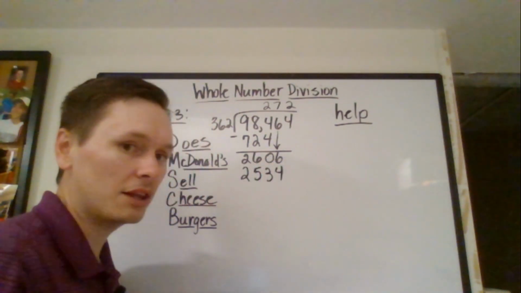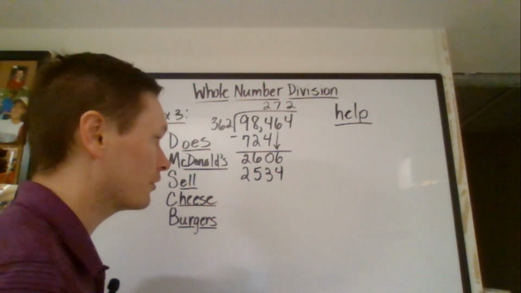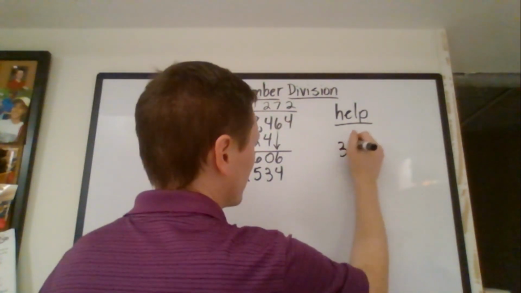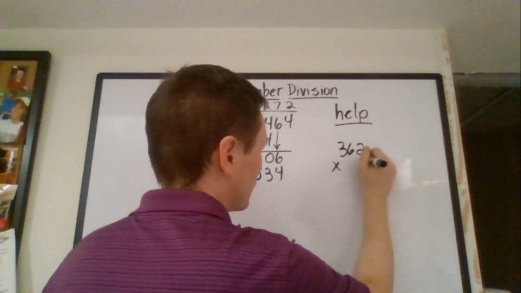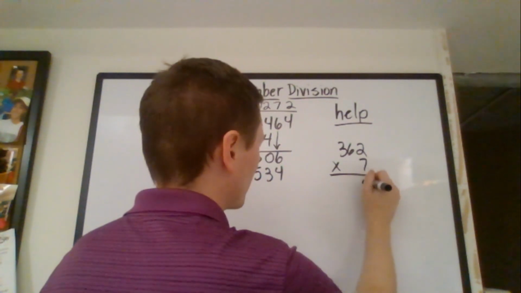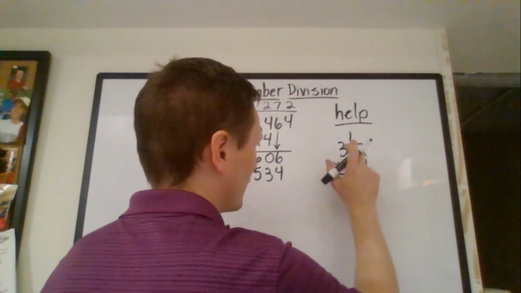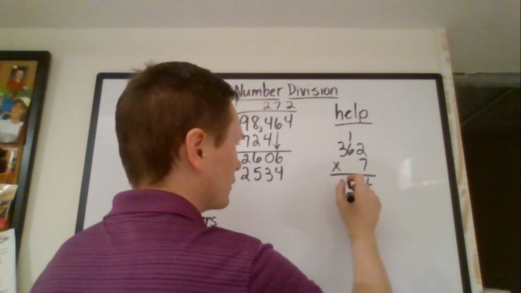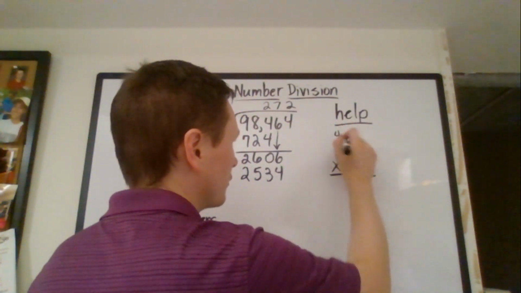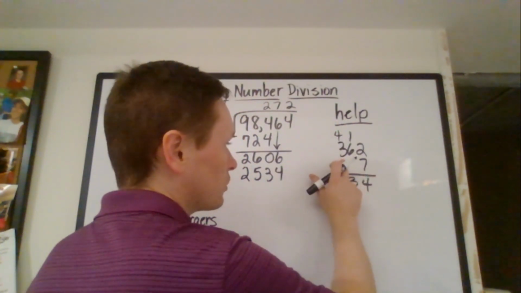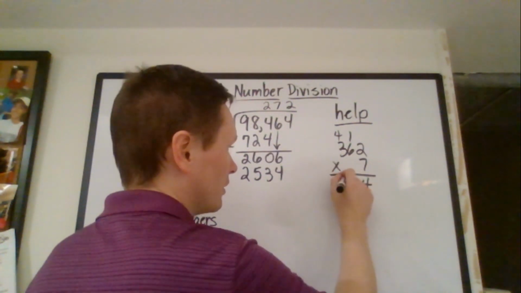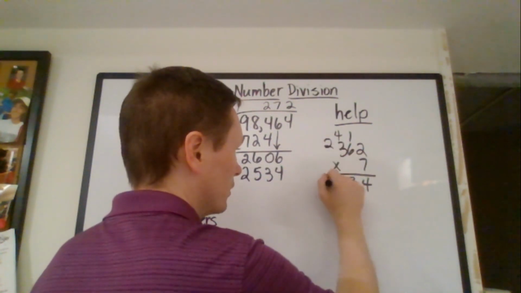Now, granted, I did a lot of this work ahead of time, but if you're not sure with 362, you want to guess 7, so you guess 7: 7 times 2 is 14, carry the 1, 7 times 6 is 42, plus 1 is 43, carry the 4, 7 times 3 is 21, plus 4 is 25, carry my 2.